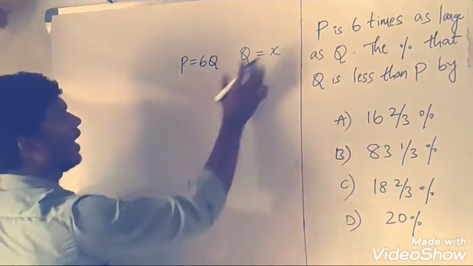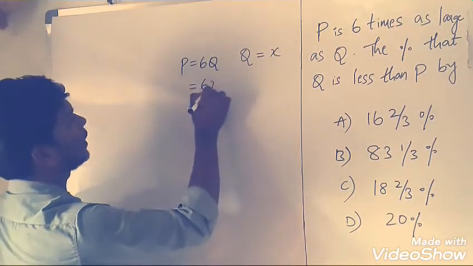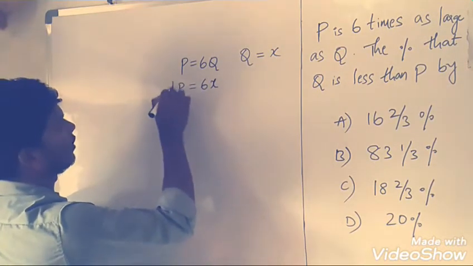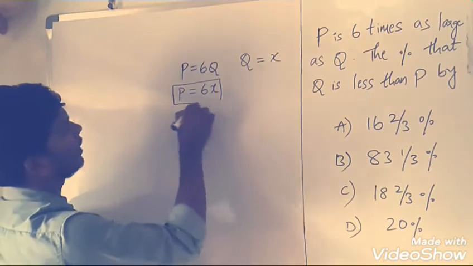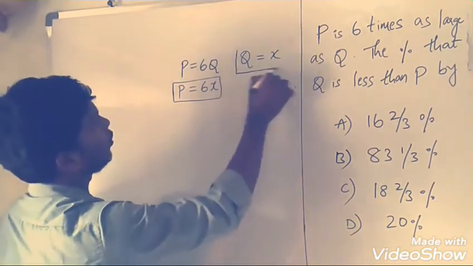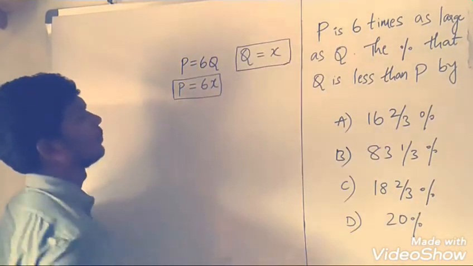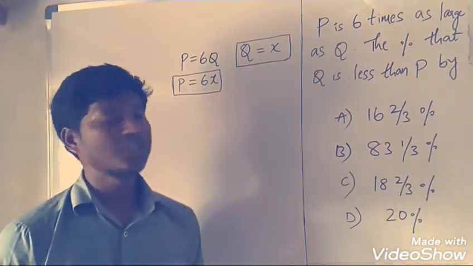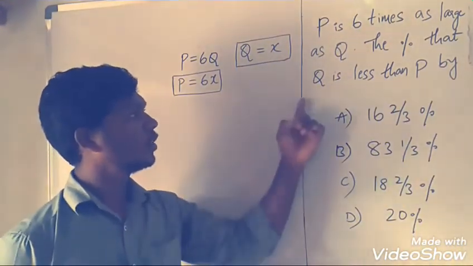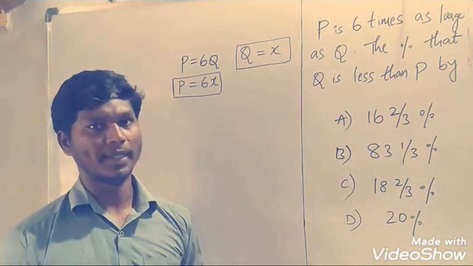Okay friends. So the value of Q is X. So P is equals to 6X. So finally we have P is equals to 6X and Q is equals to X. And he is asking us to find by what percent Q is less than P.